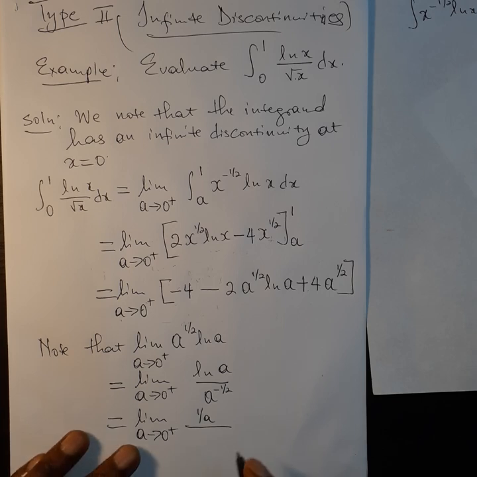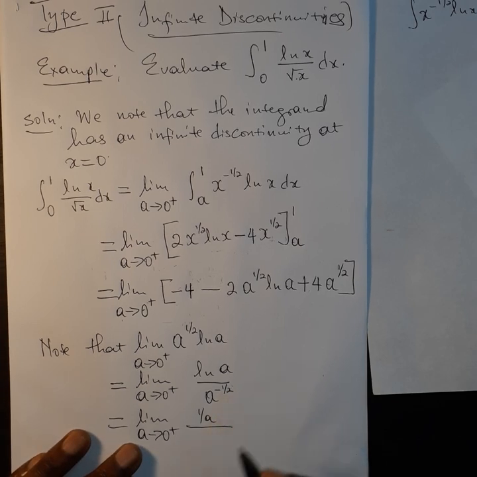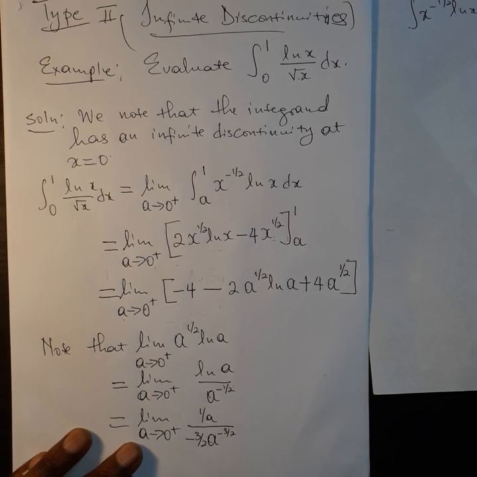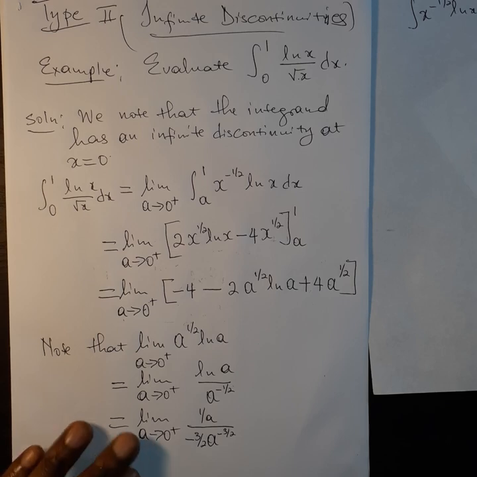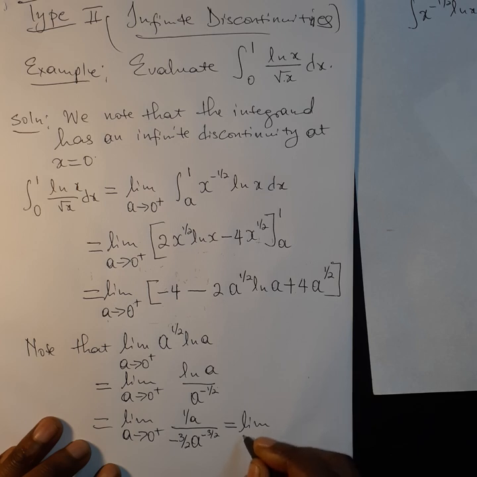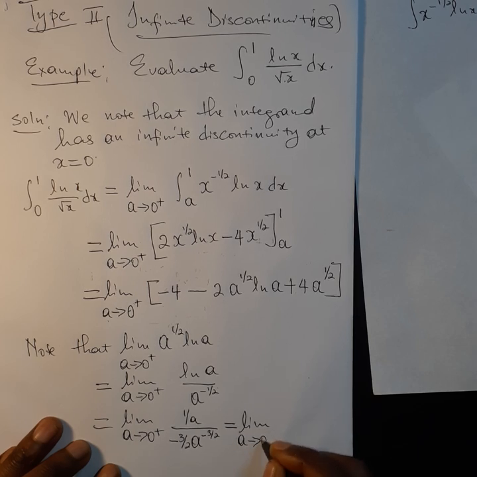So subtract 1, you get a to the minus 3 over 2 times minus 1 over 2, like this. All right. This is equal to the limit when a is approaching 0 from the right. Then take this up, everything up.